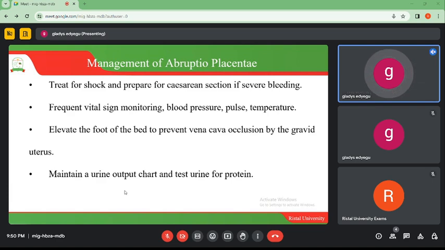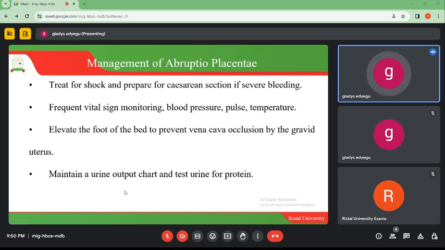So when there is a little supply, or when it is occluded, when it is compressed, then there will be deprived supply to the brain, the vital organs, and the baby, and you can easily lose the baby, and also the mother can get into shock because of this. And some of them can easily even die when they have little supply to the vital organs, both the baby and the mother.